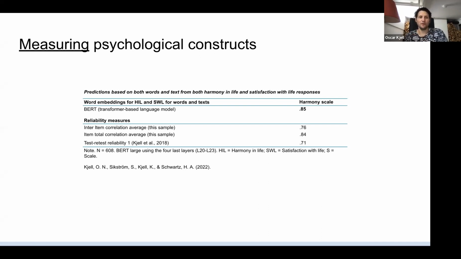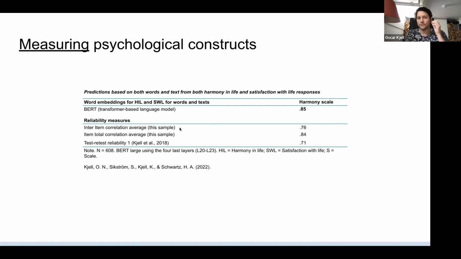In a paper recently published, we compare this with reliability measures of the harmony in life scale. For example, the item-total correlation average has a correlation of 0.84. We discuss how reliability can be seen as the theoretical upper limit of prediction accuracy here. So we are basically pushing that limit.